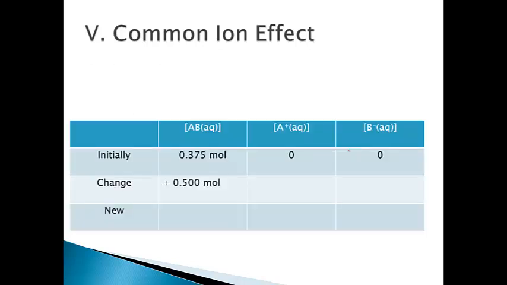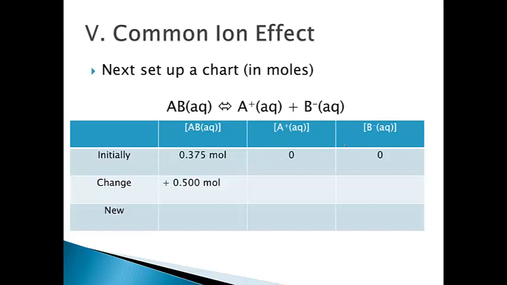Now set up a table, a little chart, and make sure it's in moles. So initially, 0.375 moles of AB, and initially no A, no B. Now, what's our change going to be? We're going to add 0.50 moles of the AB. So what happens? Is the new concentration going to be 0.5 plus 0.375?